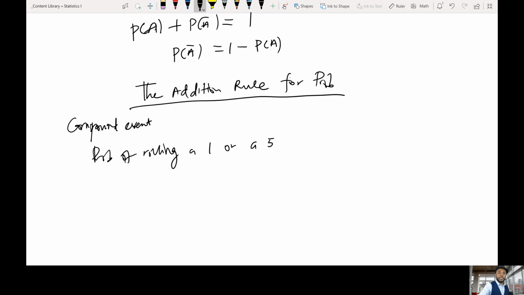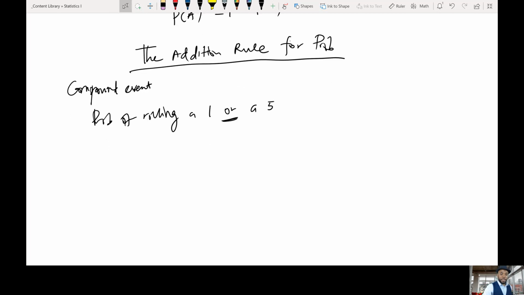We have a connecting term here, or. So either we roll a 1 or a 5. This is a compound event. The word or means you either rolled 1 or the other, or both. That's how we can interpret it.